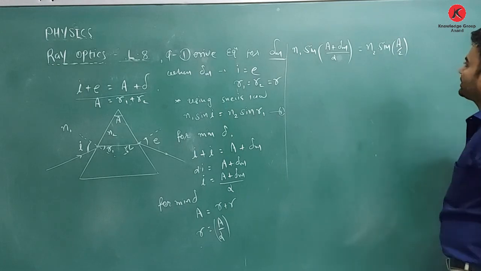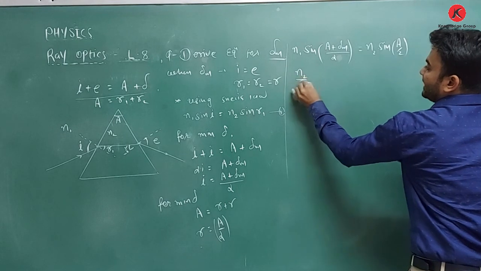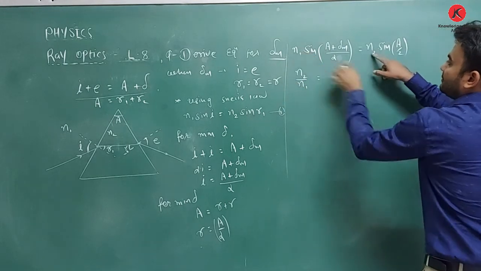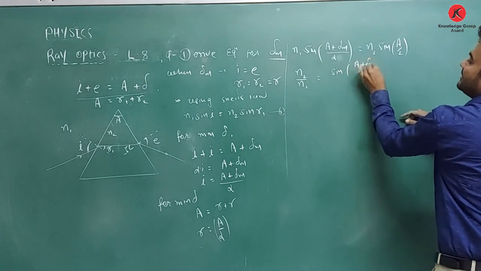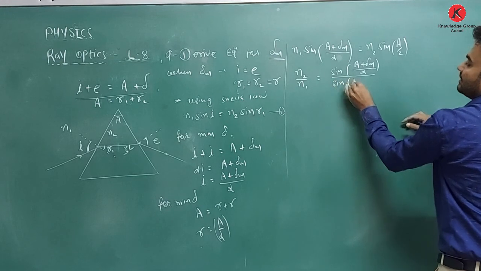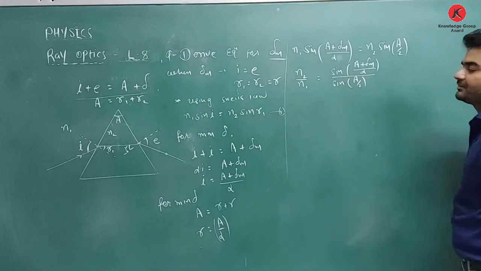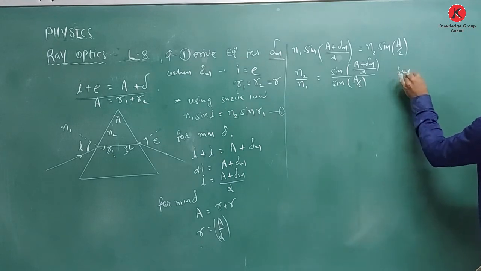Now let me write this equation this way: N2 by N1 is equal to sin of (A plus delta minimum) by 2 divided by sin of A by 2.